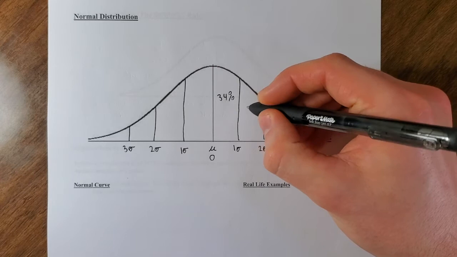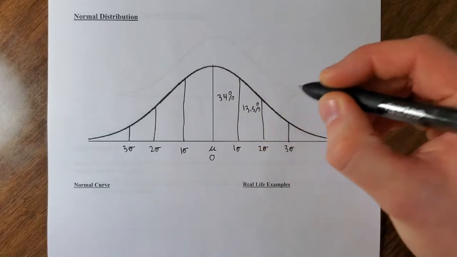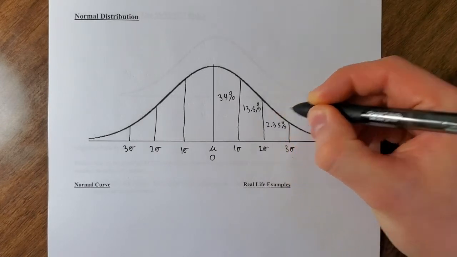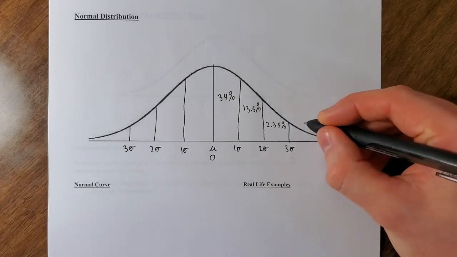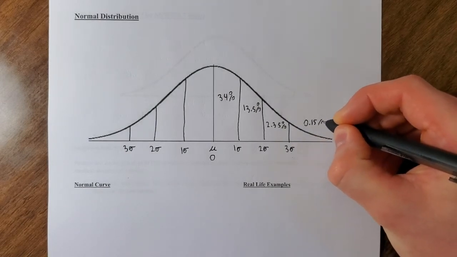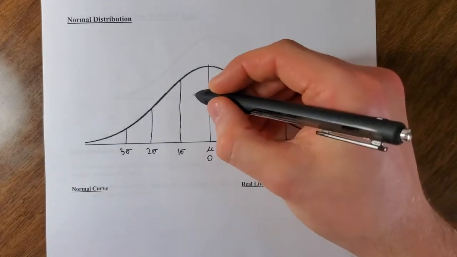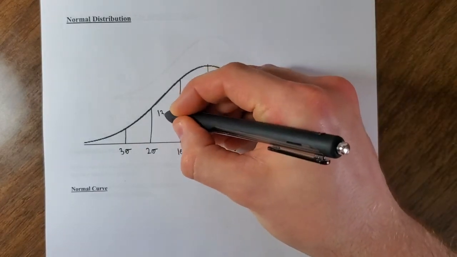From 1 to 2 in that group, this is going to be 13.5%. From 2 to 3, we've got 2.35%. And then from 3 and above, really tiny, 0.15%. And then since our graph is symmetrical, we can copy everything down to the left-hand side as well. It's going to be the same.